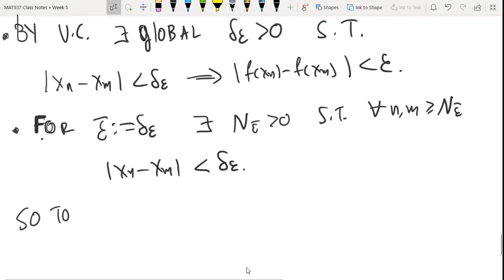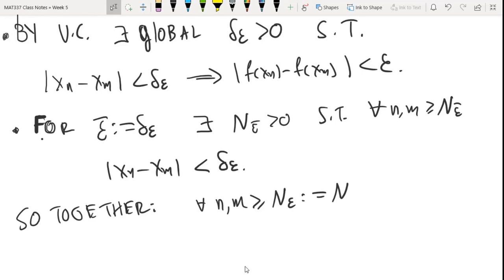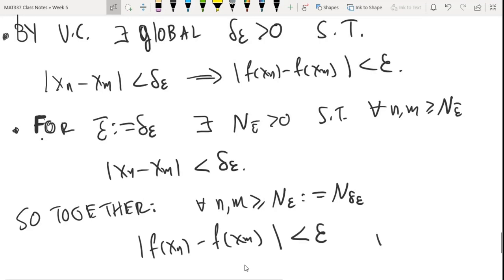Together, for all n, m bigger than n delta epsilon, f of xn minus f of xm is less than epsilon. Is that okay?